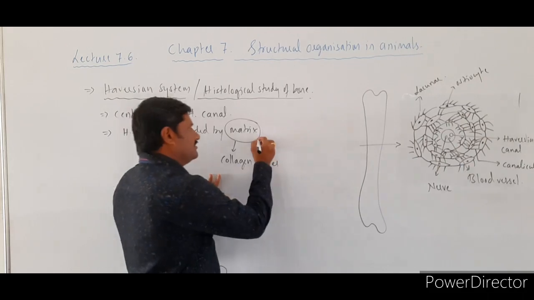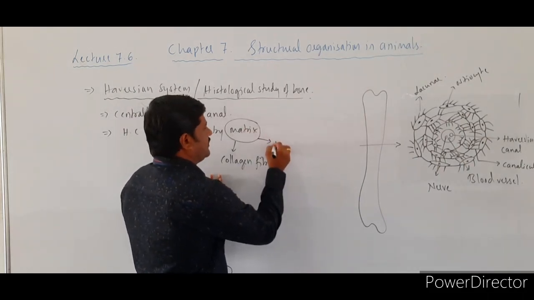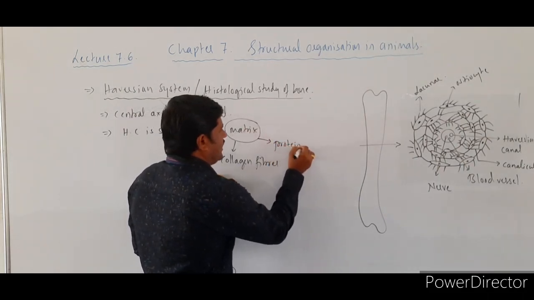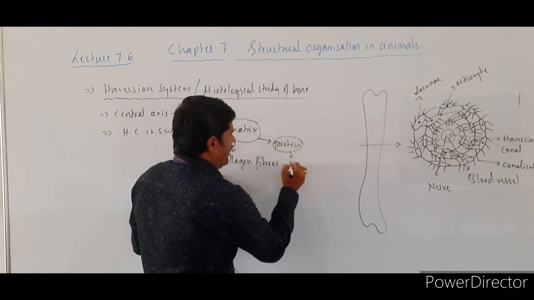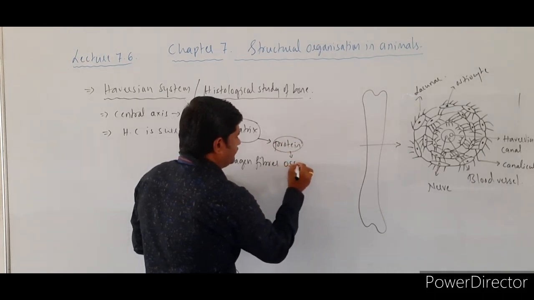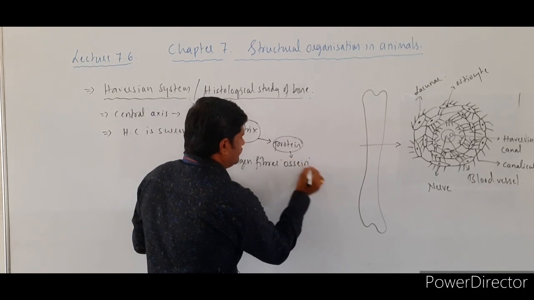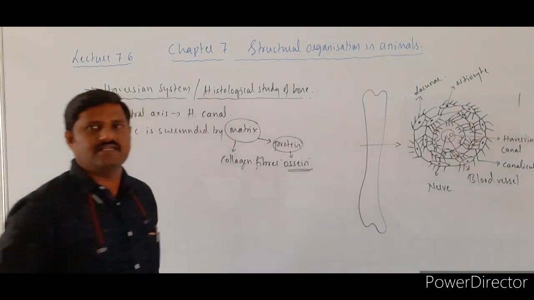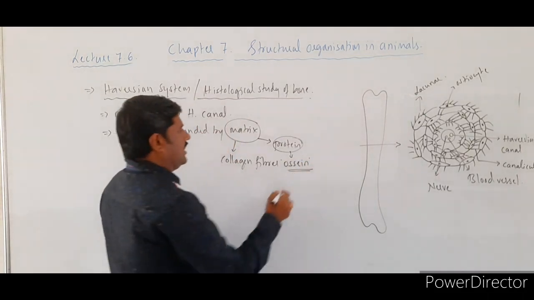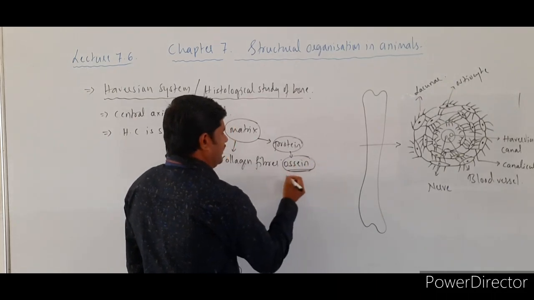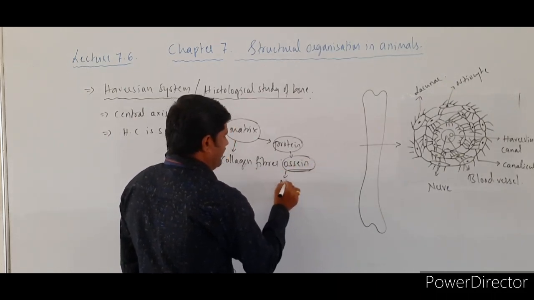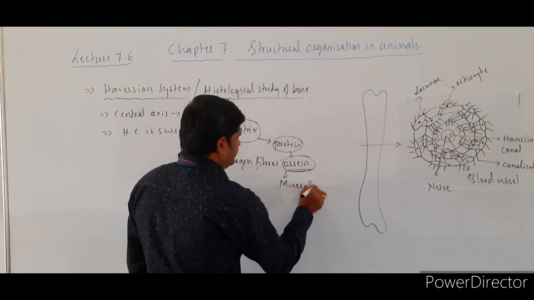Along with this, the matrix also contains a protein, and that protein is called osteocyte.